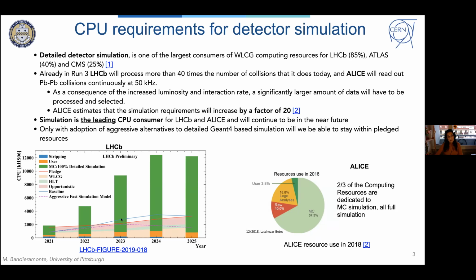The blue line refers to the baseline, while the red line refers to the resources available to the experiment, considering also opportunistic resources. So it's clear that, in the case of LHCb, to stay within the pledged resources, they can do that only by adopting a very aggressive fast simulation model, which is represented by this dashed line here.